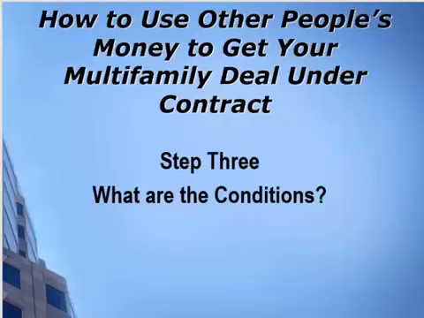The partner has the contract. The person who got the deal under contract, we'll say it's investor one. Investor one is still going to work with the partner, the earnest money deposit partner, and he is going to go out and do all the due diligence and do all the analysis during the inspection period, and he's going to make the decision whether this is a good deal or not.